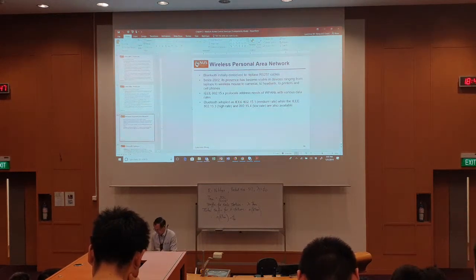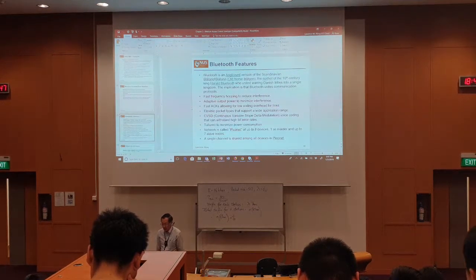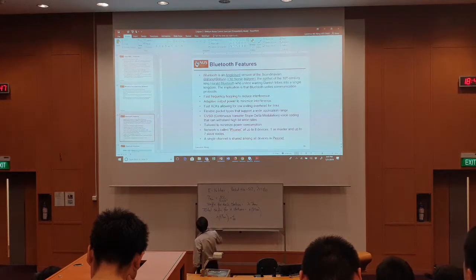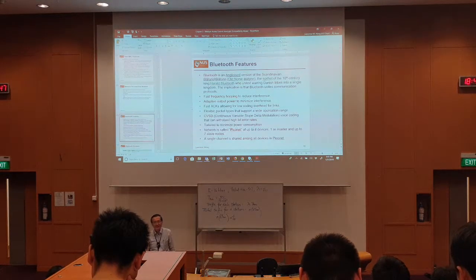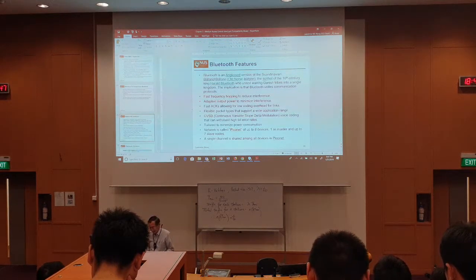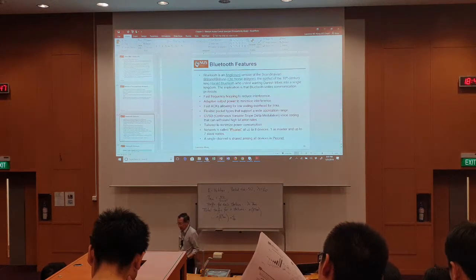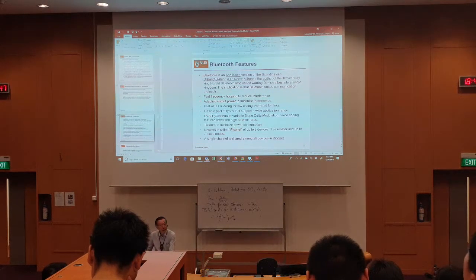Okay, all right. So, where does the name come from? It came from an anglicized, this English version of a Scandinavian name of this guy, Harold Bluetooth. Okay, there's a historical background behind. All right, it's supposed to be a communication system that unifies the communications.